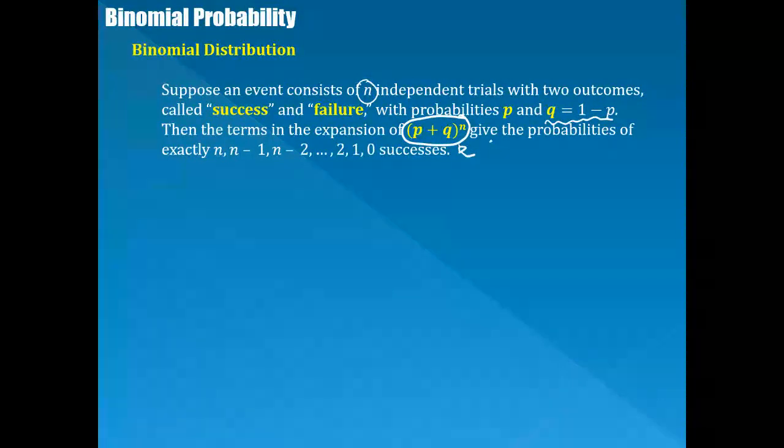P plus Q is just 1. Does that make sense? That's why it's a distribution. All of these probabilities should add to 1. If I take all of the possible outcomes of success and failure and add them all up, I should get 1. Arguably that should make sense.